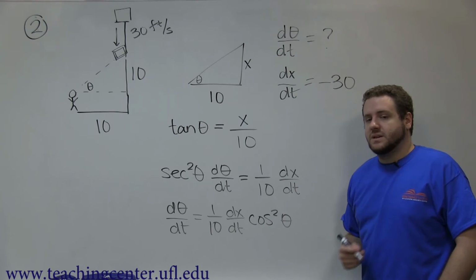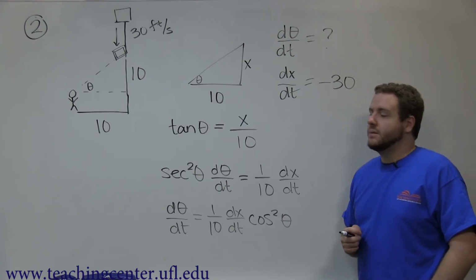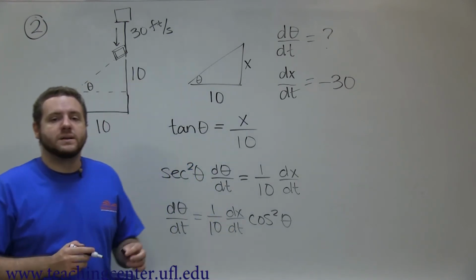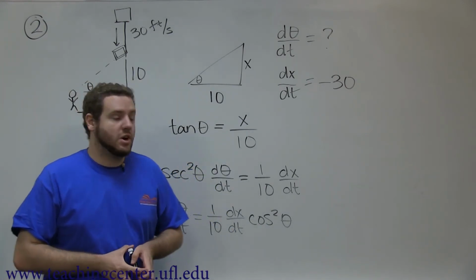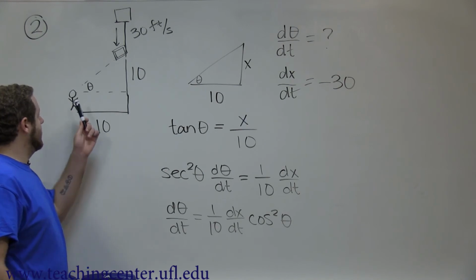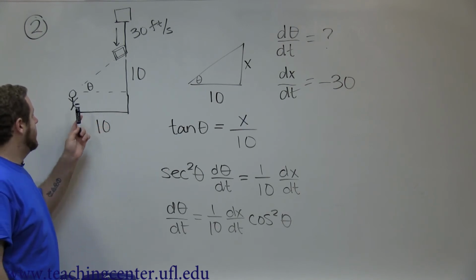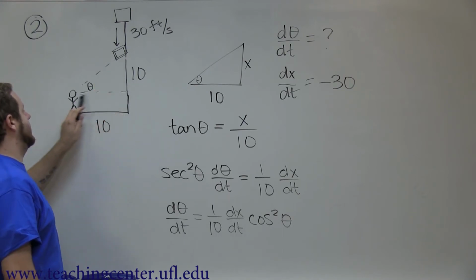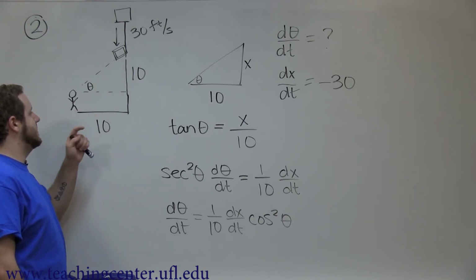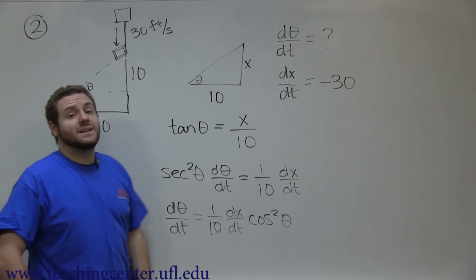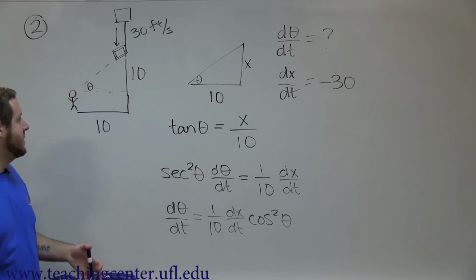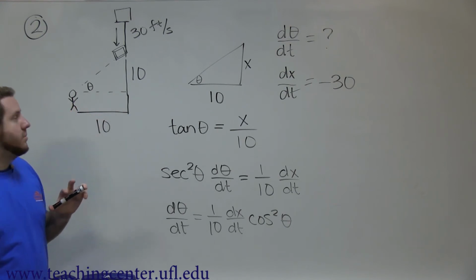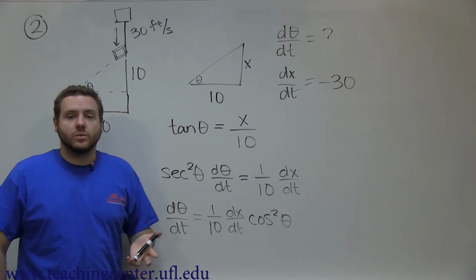And lastly, we just need to figure out cosine squared of theta. So now is when we actually think of, okay, what is the angle at the moment that we're talking about? Theta is part of this triangle, and the opposite and adjacent sides are exactly equal at this moment. That means that this is a 45, 45, 90 triangle because the legs are equal, right?